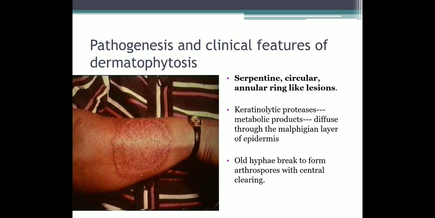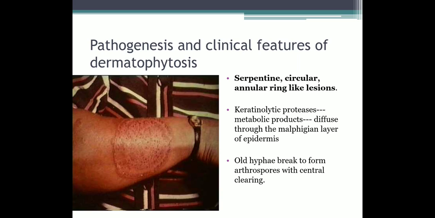The old hyphae that are formed in the center gradually break to form the arthrospores, and gradually there is a clearing of the lesions in the center. Therefore, while collecting the samples, it is very important to note that we need to collect the sample from the periphery of the lesion where there are actively multiplying arthrospores rather than from the center.